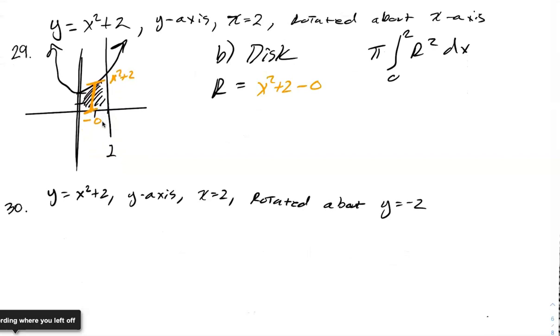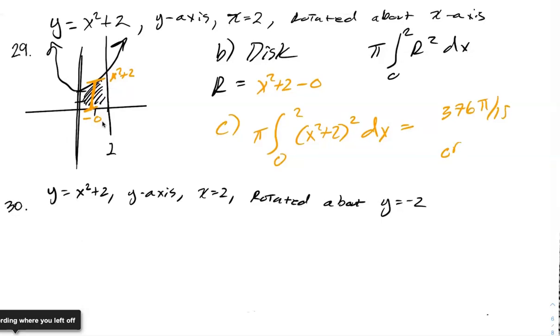So like that. So we get pi times the integral of 0 to 2 of x squared plus 2 minus 0 squared dx. Plug that in, you get 376 pi over 15, or 78.749. So like that.